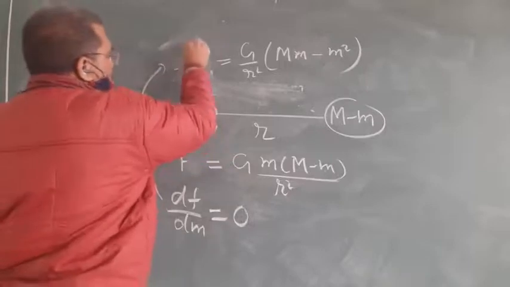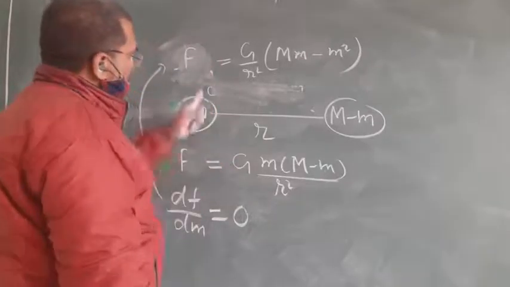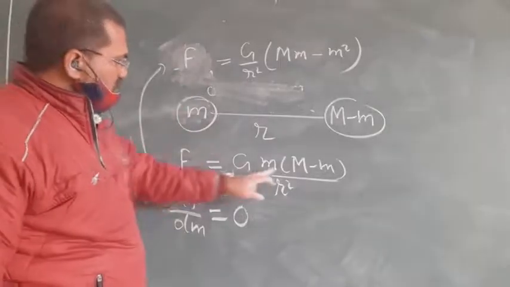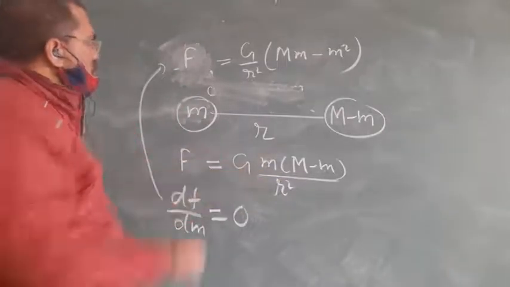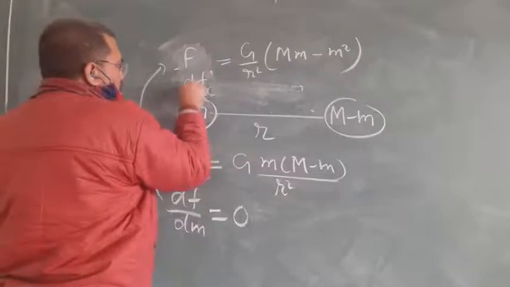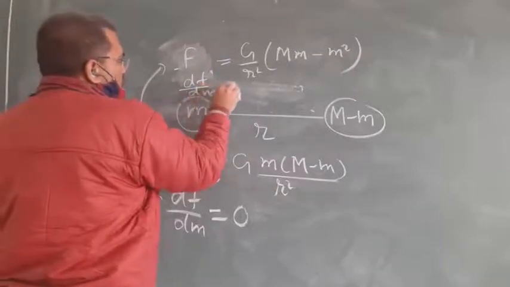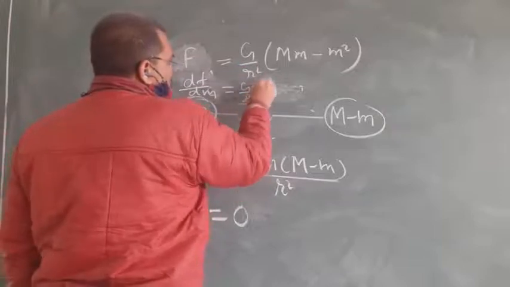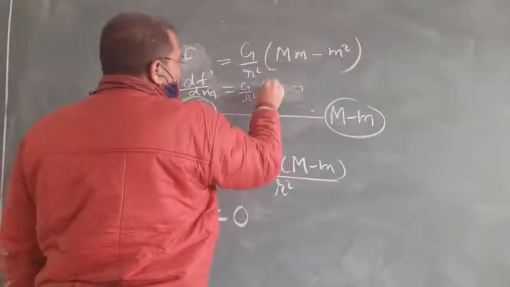This is F. F equal to G m (M minus m) by r square. So differentiate with respect to m. What will you get? G by r square is constant, M is constant here.